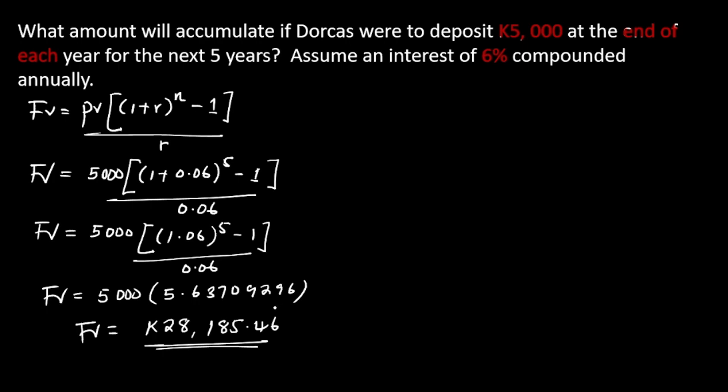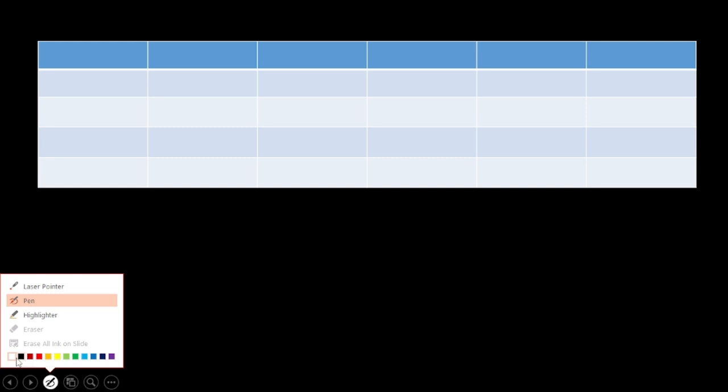Now there are some of us who would say it will be very challenging to know the formula. You can use the tabular method. How is the tabular method dealt with?